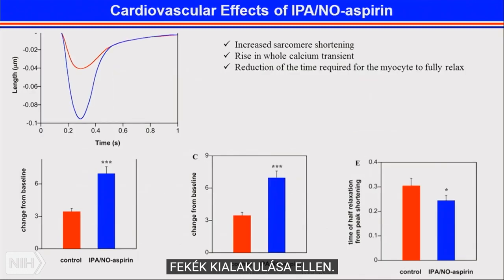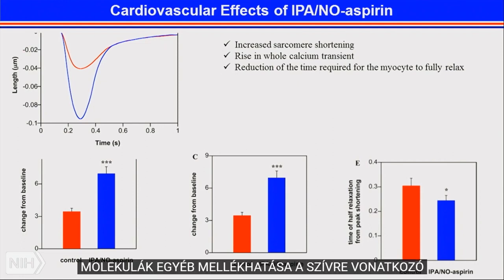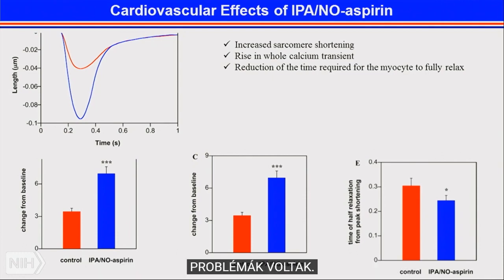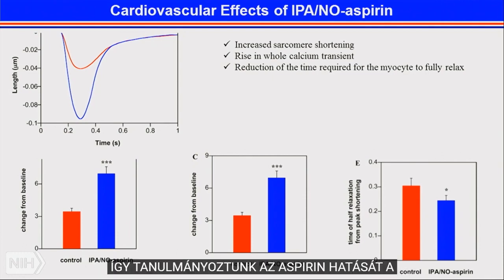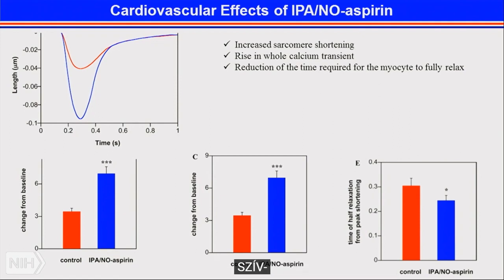The other side effect of this class of COX-2 molecules was heart-related problems. So we studied the effect of ipanoaspirin on cardiomyocytes, and we found that it increases the contractility of cardiomyocytes.